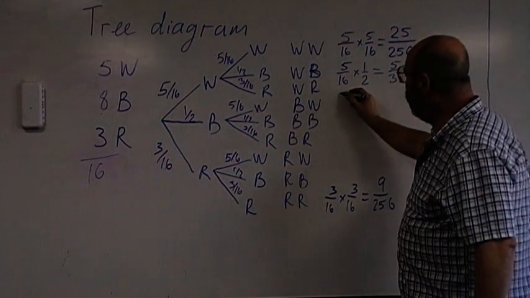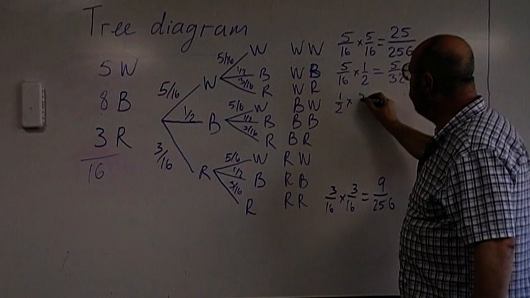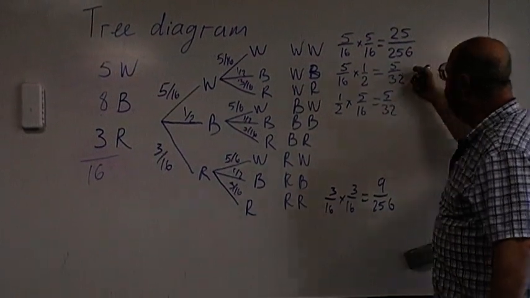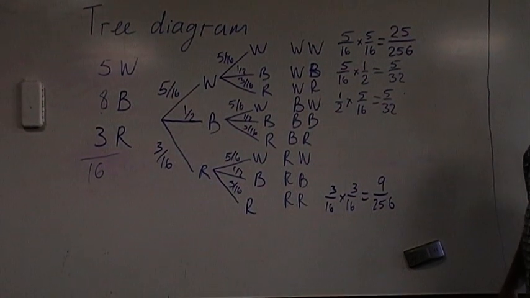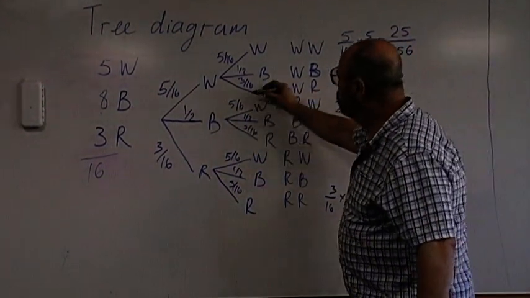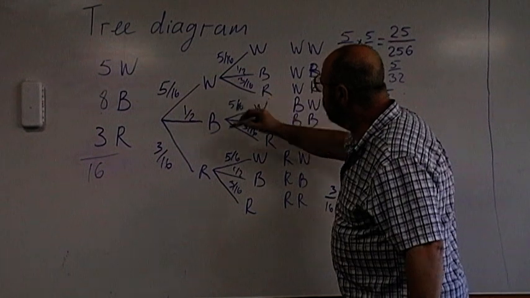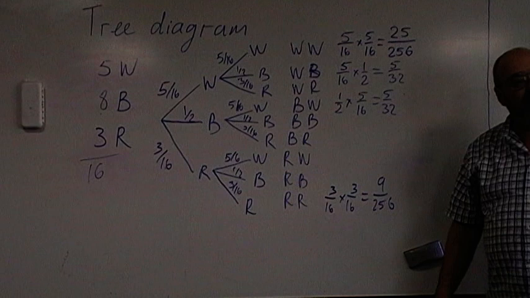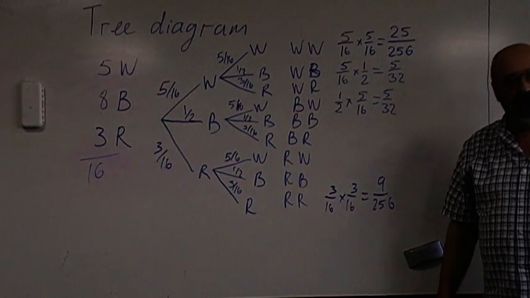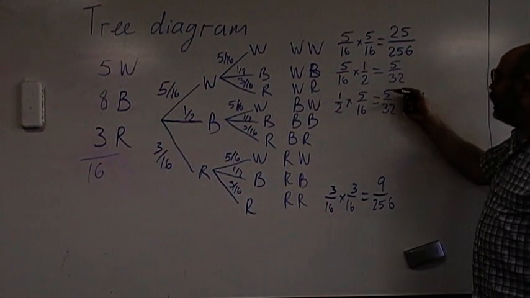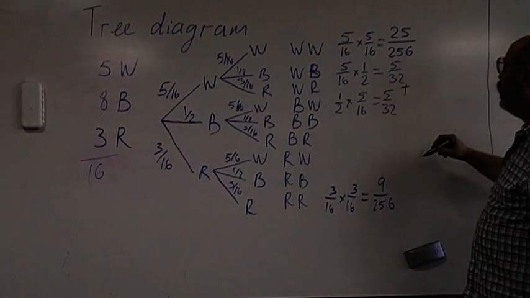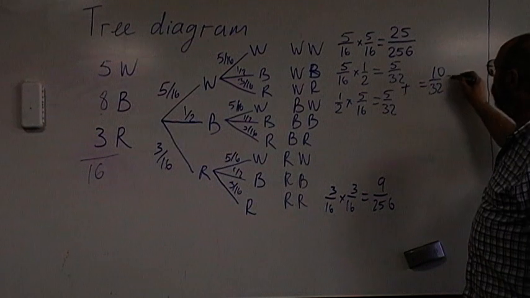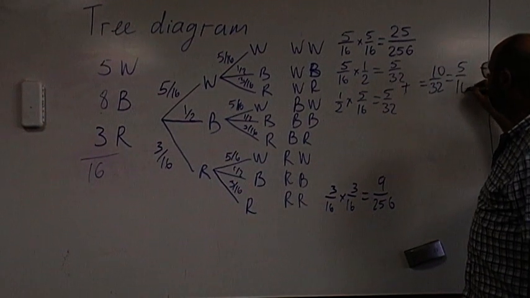So again, we'll have 1/2 times 5 out of 16, equal to 5 over 32. In both of those cases, we get 1 black, 1 white. So for black and white, we add them together, and we get 10 out of 32, which simplifies to 5/16.